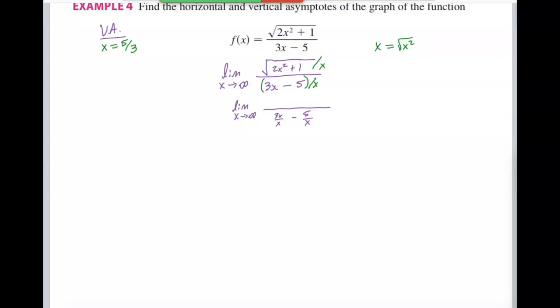So in the numerator, so that I can sneak this x into my square root, I'm going to actually be dividing by the square root of x squared, which is technically still x. But that means that what both of these terms get divided by under that square root is actually x squared. So now this is going to be the square root of 2x squared over x squared plus 1 over x squared.